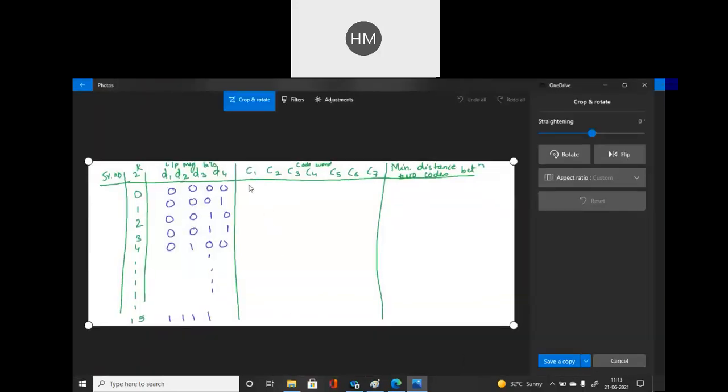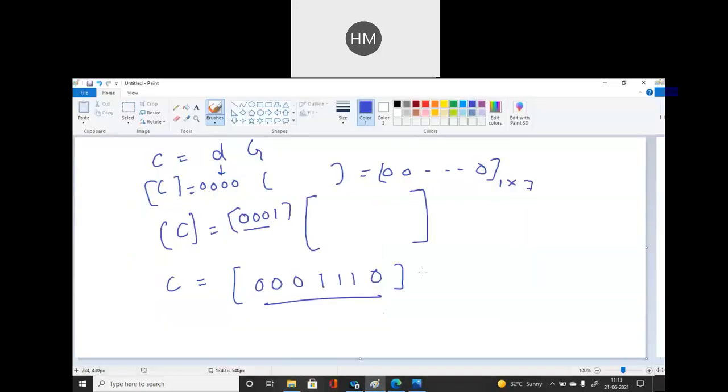So here I will get 0, 0, 0 over here in the first. Okay, second column I will get second thing C2 code जो हमने फाइंड किया था यहाँ पे. ठीक है, then this is my second code generated.